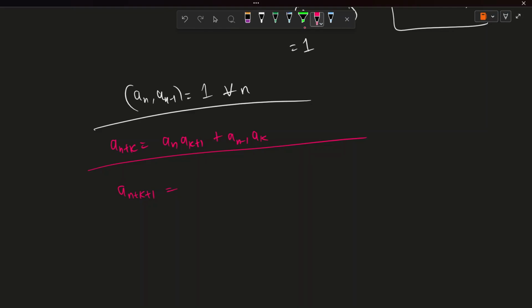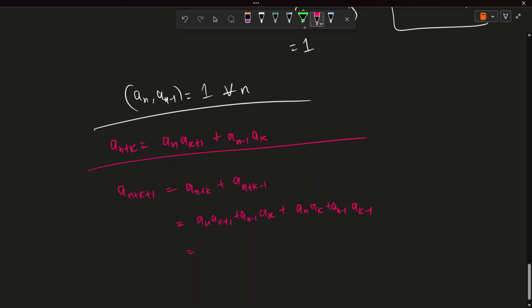So we write a_{n+k+1} equal to a_{n+k} plus a_{n+k-1}. By the induction assumption, a_{n+k} is equal to a_n a_{k+1} plus a_{n-1} a_k, and a_{n+k-1} should be a_n a_k plus a_{n-1} a_{k-1}.